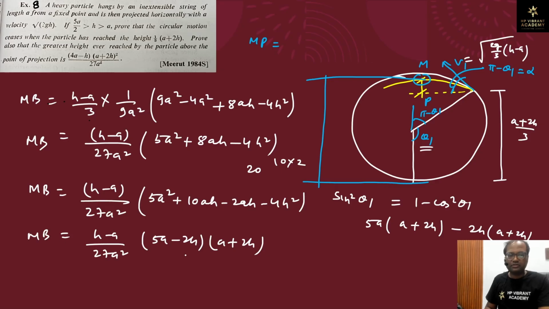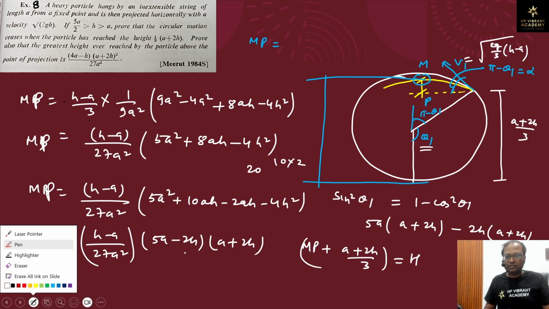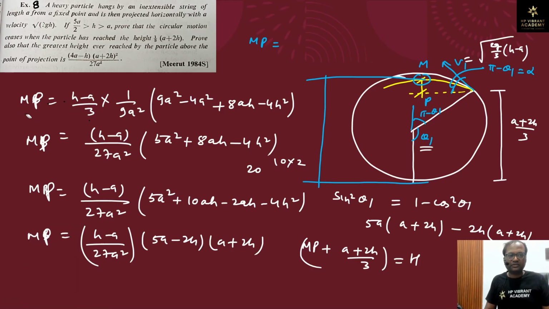So this MB, sorry, MP is equal to MP. Okay. So the total height will be MP plus (a plus 2h) upon 3, which is the total height from the point of projection. Let us further simplify this.